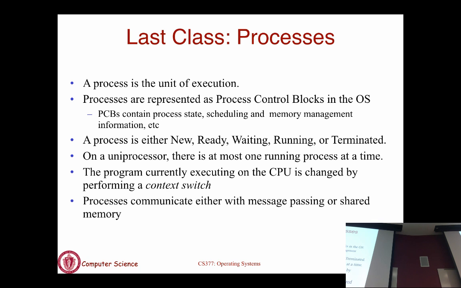Okay? And I said the two ways by which processes can cooperate is either through message passing, where they send messages back and forth, okay? Or through shared memory, where there is a special region of memory that's allocated and both processes can access it. And I said by default, a process's memory cannot be accessed by another process. So that's memory protection that the OS enforces.